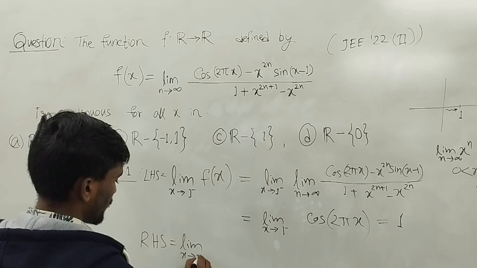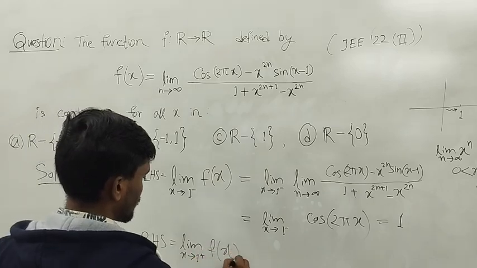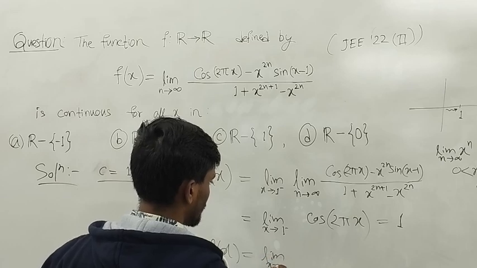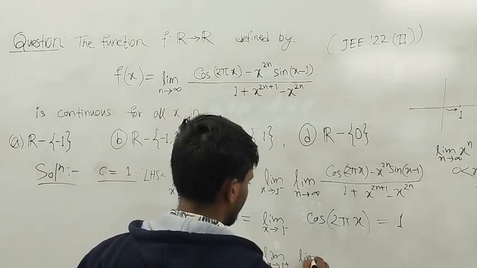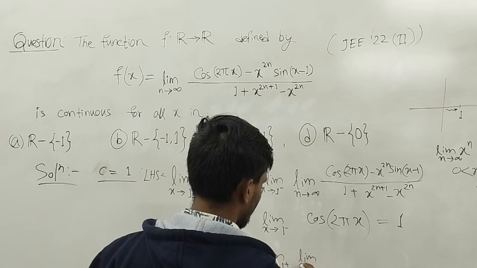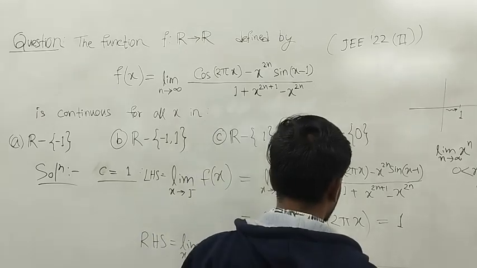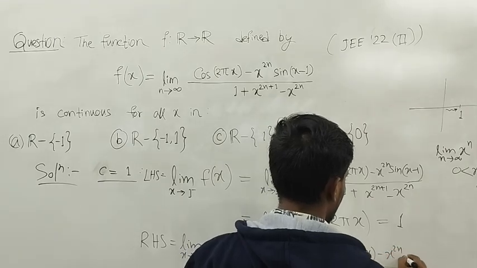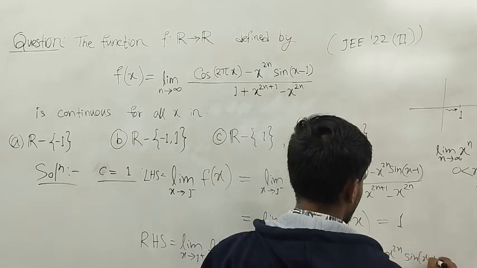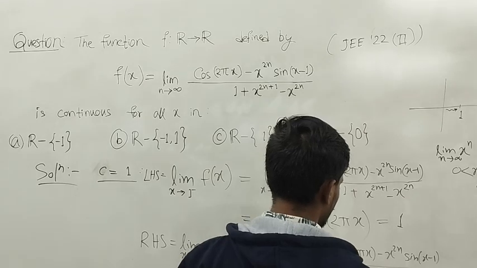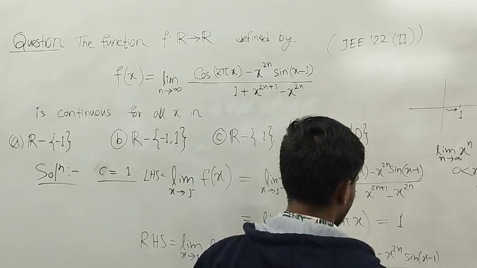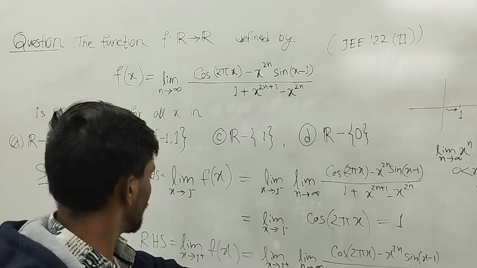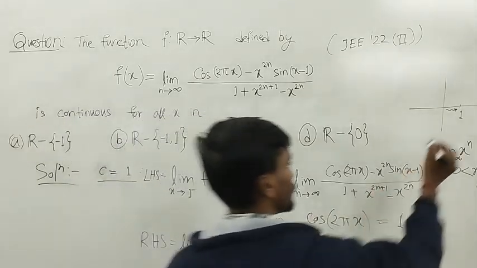Now we'll see the right limit. As x tends to 1 positive, f(x), let me write the whole function: cos 2 pi x minus x^2n sine x minus 1 by 1 plus x^2n. Now x is coming from the right side of 1.